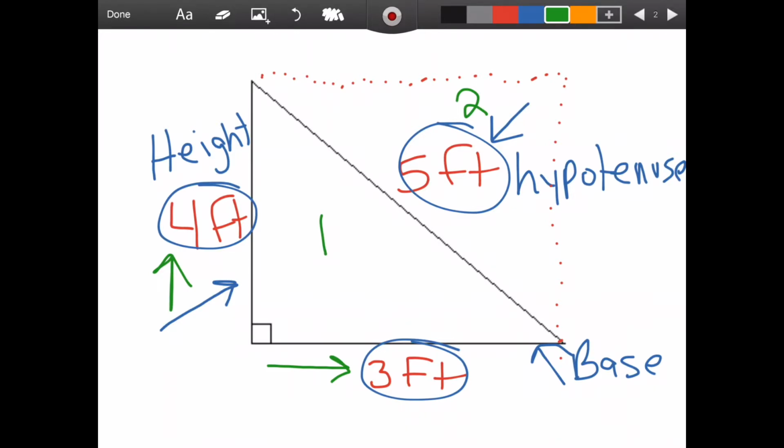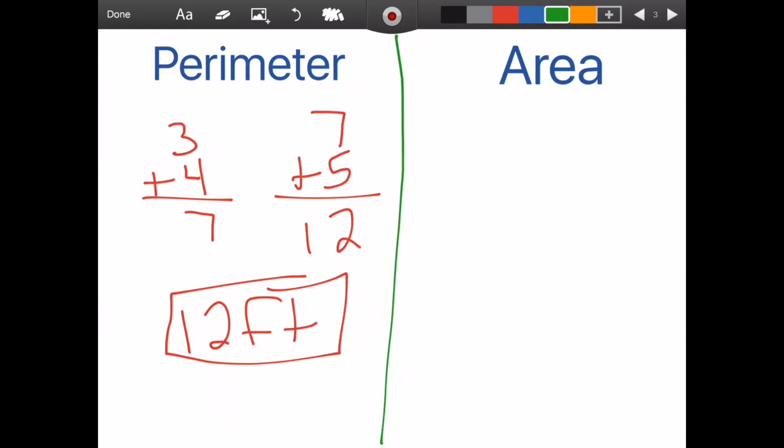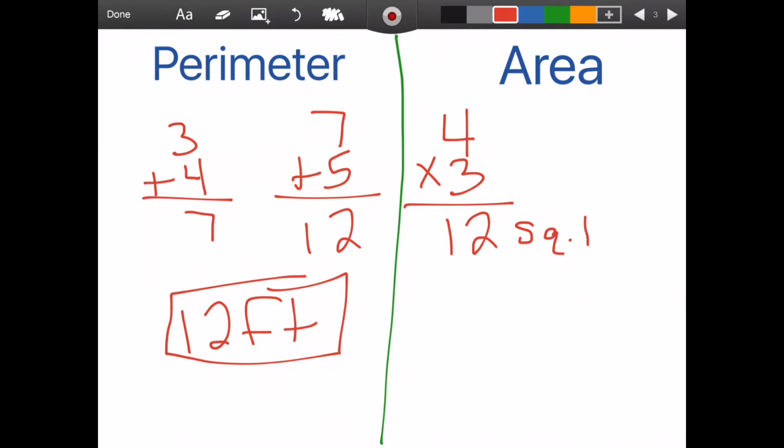Now in this case, because I told you earlier that we'd call those the base and the height, generally with a triangle that's what we call them. So we're going to take the height here and multiply by the base, which is 4 times 3, which is 12. Now remember, when we're talking about area, we're talking about 12 square feet.